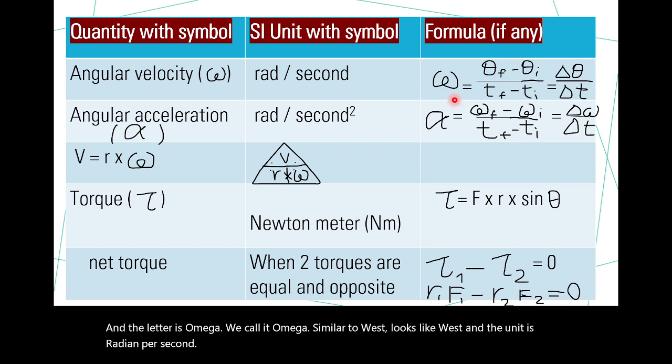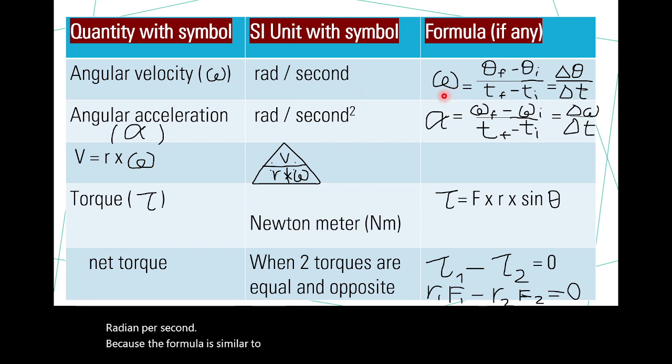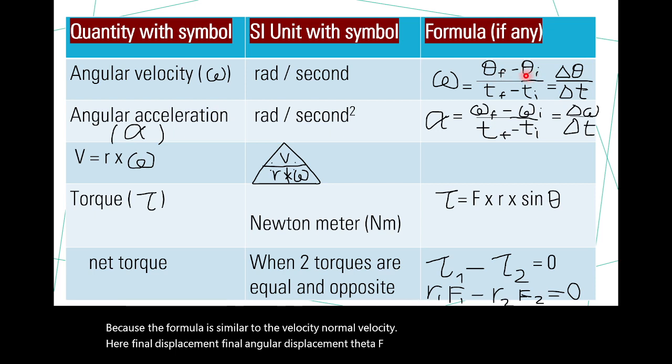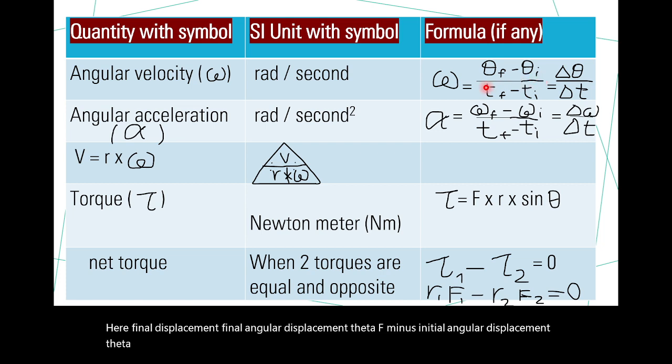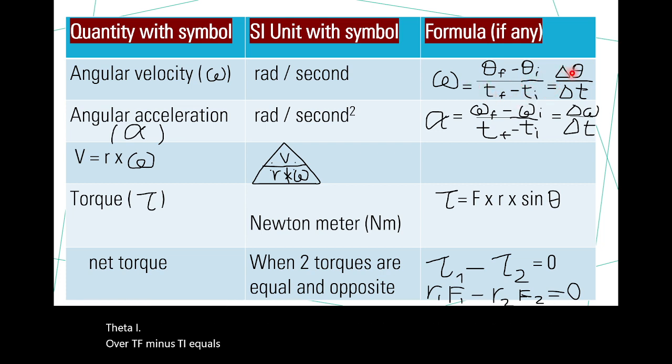The formula is similar to normal velocity: final angular displacement theta f minus initial angular displacement theta i over tf minus ti, which equals delta theta over delta t.